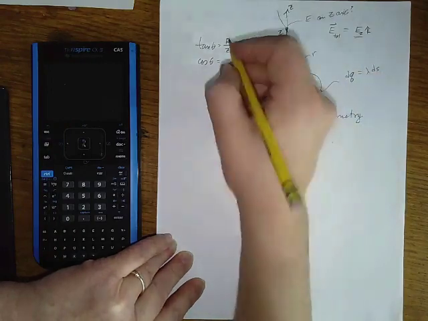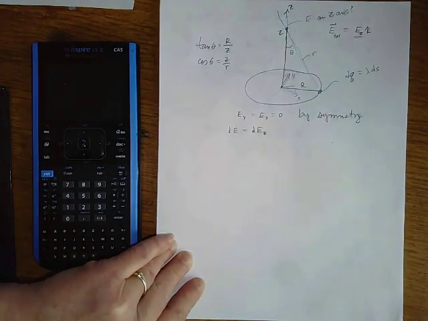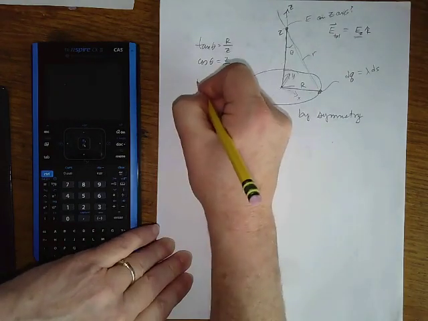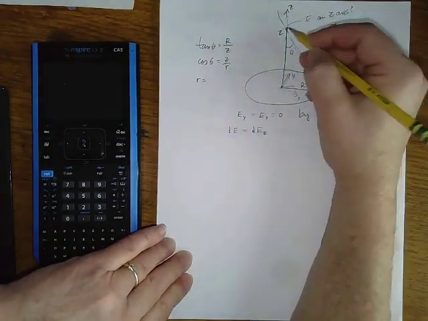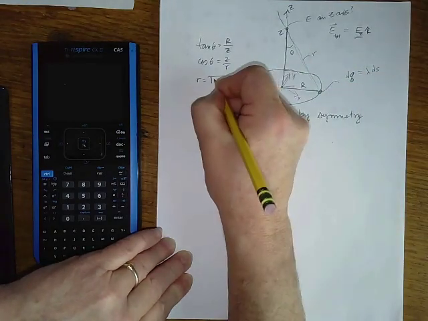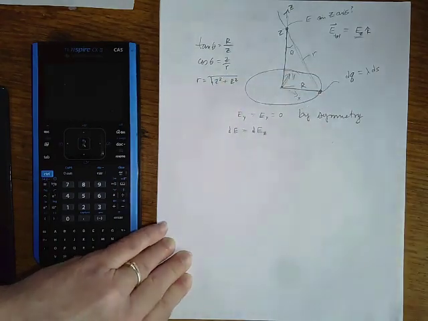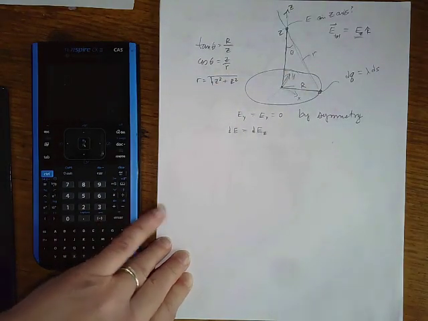Adjacent over hypotenuse, Z over R. And just in case we need it, which we probably will, R is the hypotenuse of the triangle, using the Pythagorean theorem, Z squared plus R, capital R squared. So we've got our pieces there in case we need it.